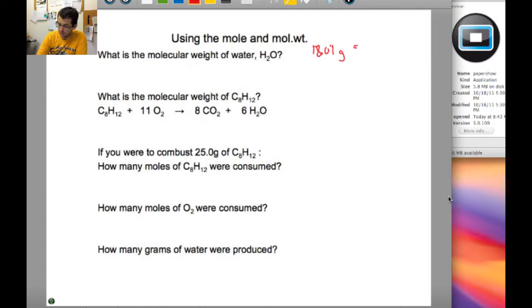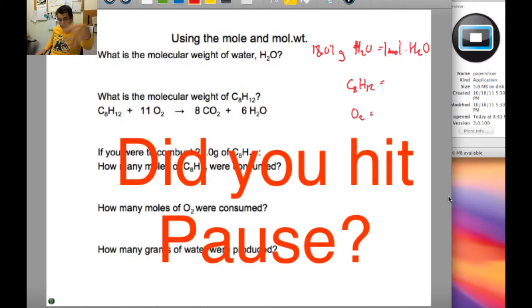It's equal to 1 mole of water. We can do the same calculation for a bunch of other compounds like C8H12 and O2. Feel free to run through those calculations. They'll come in handy.